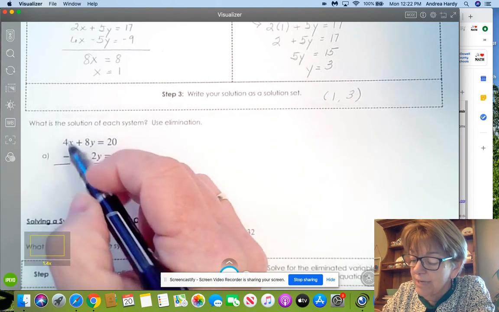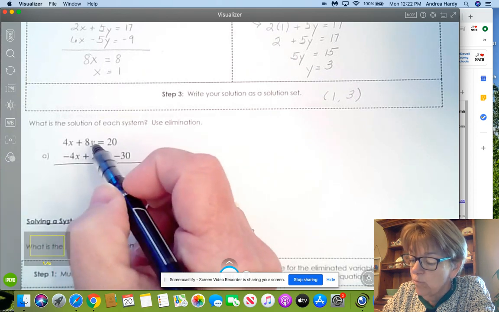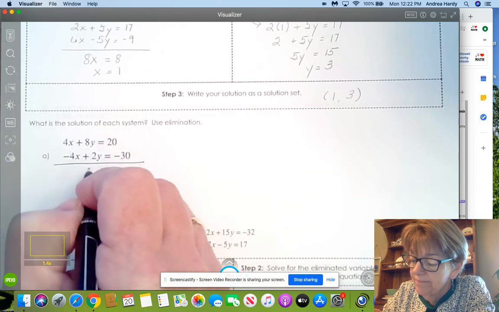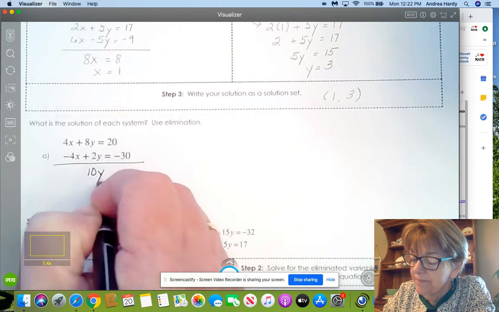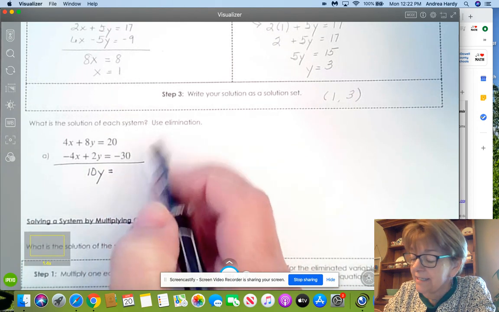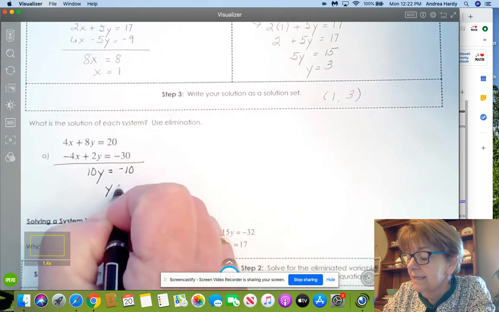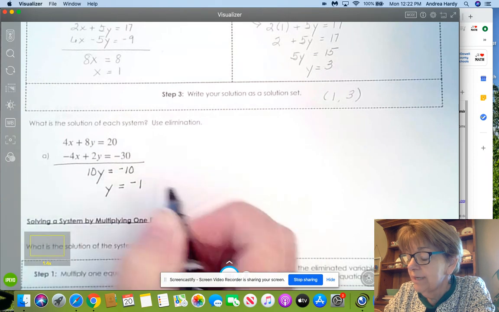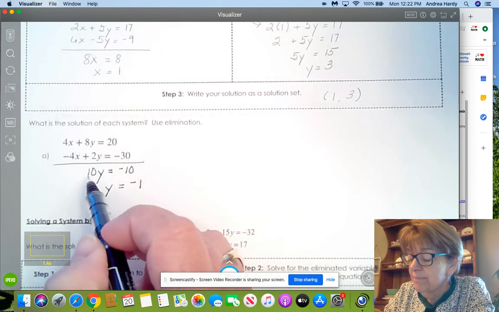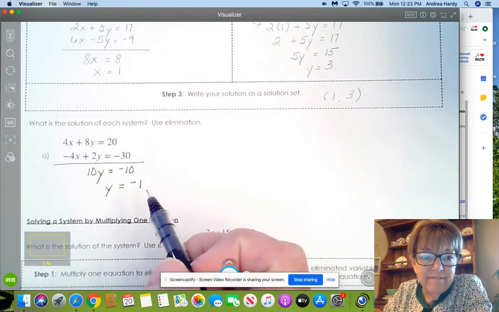So when I add those together, the x value is eliminated. 8y and 2y is 10y is equal to 20, and negative 30 is negative 10. So y is equal to negative 1. Negative 10 divided by positive 10 is negative 1.